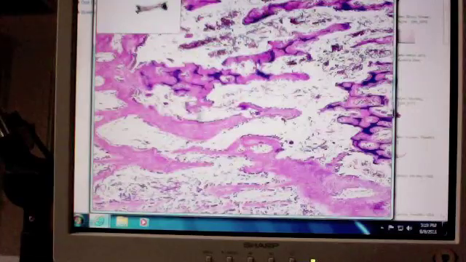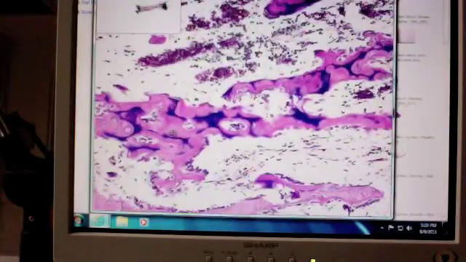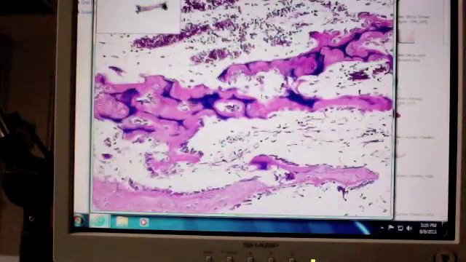When we look up here, where you have truly woven bone, you can see we really don't have any osteoblasts on the surface here. You have the odd one every now and then, and that's a feature of woven bone. In woven bone, they're not working in rows together. It's just every osteoblast for himself, or herself.